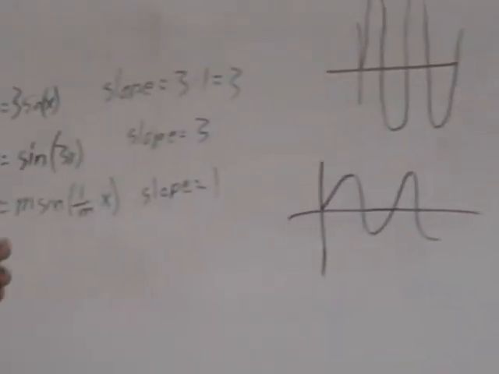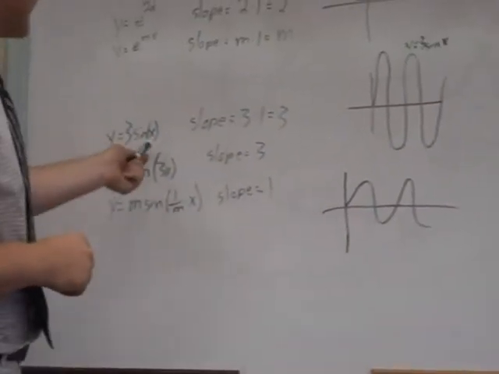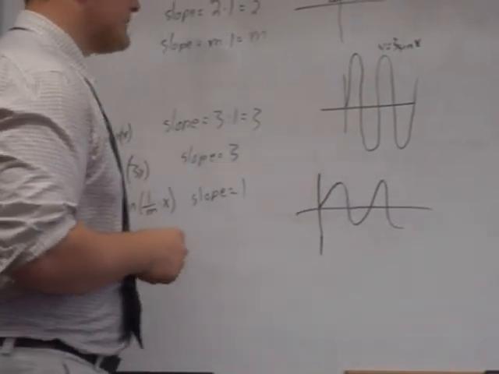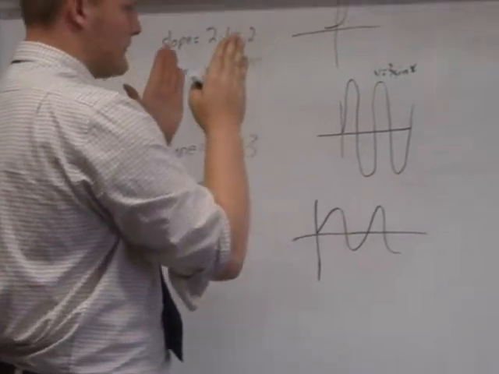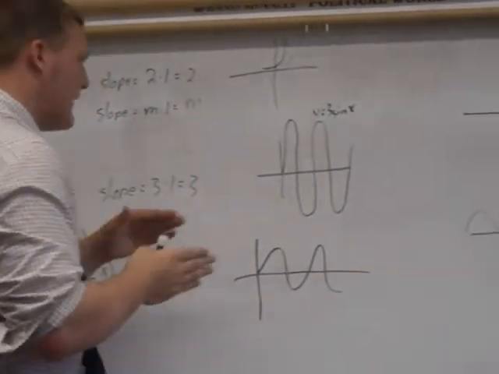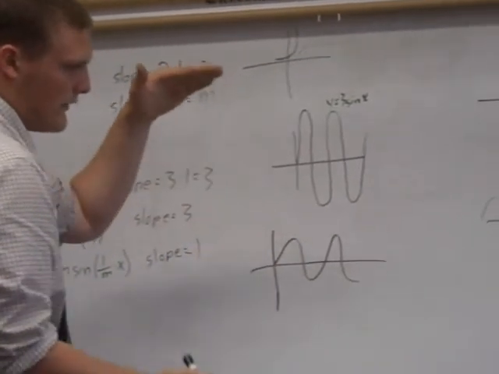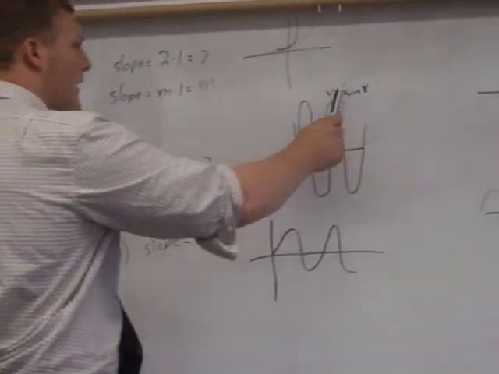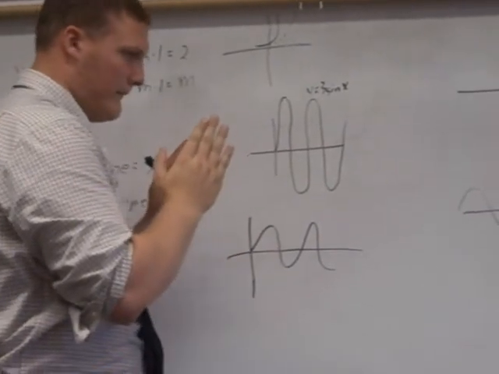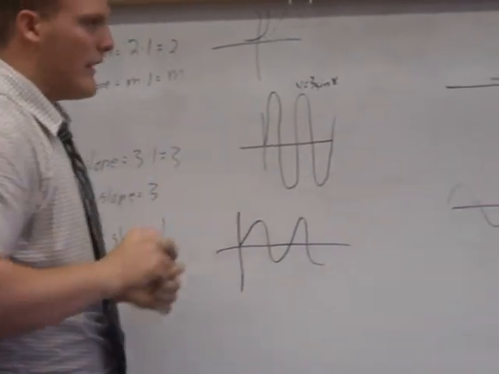So when we go to manipulate it a little bit, we have a couple different examples, 3 sine x and sine of 3x. For the 3 sine x one, whereas the last one we were pushing it together because there's 2 x's for every y, this one we are stretching vertically, so there's essentially 3 y's for every x, making the graph look scrunched, for lack of a better word.